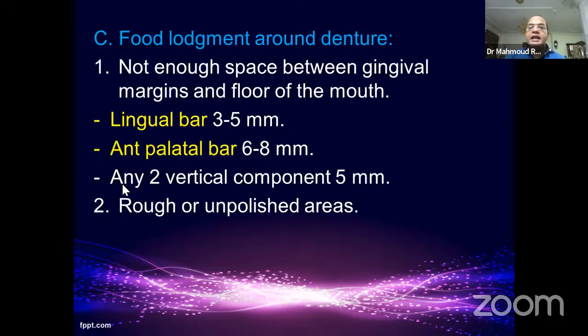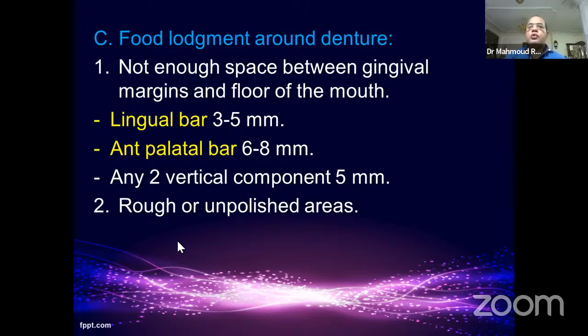The space between any two vertical components, like minor connectors or clasp assemblies, must be not less than 5 millimeters in order to give a self-cleansable area that can be cleaned easily by the tongue, lips and cheeks.